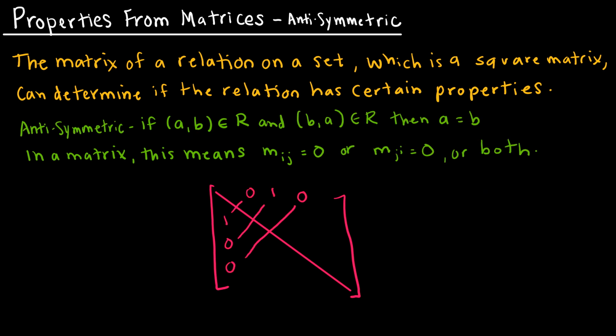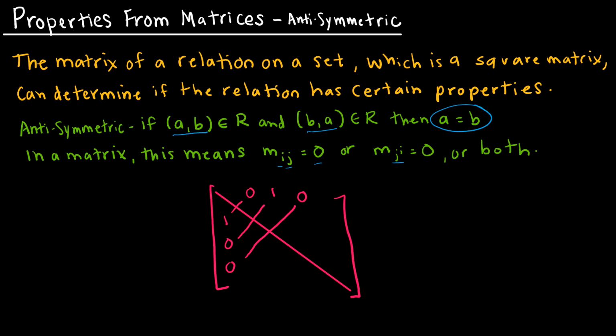To be antisymmetric, we're saying that if (a, b) is in R and (b, a) is in R, then it is implied that a is equal to b. To see that in a matrix, either M_ij has to be 0, or M_ji is equal to 0, or both.